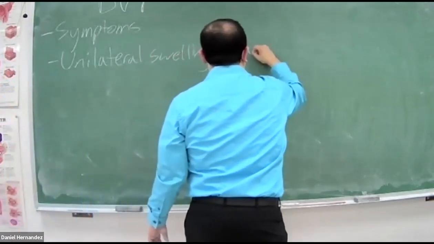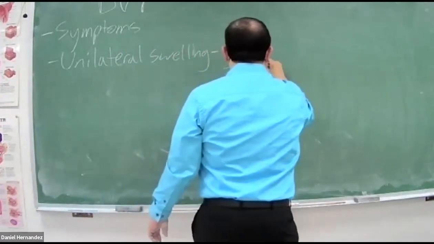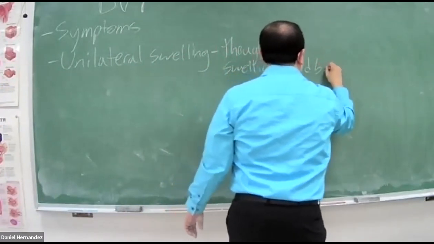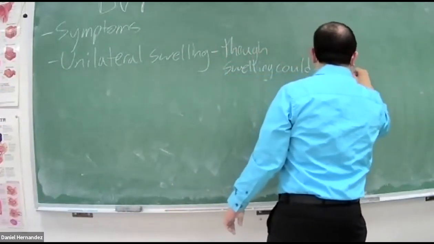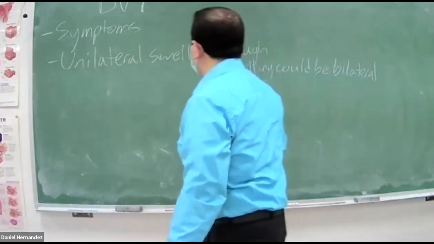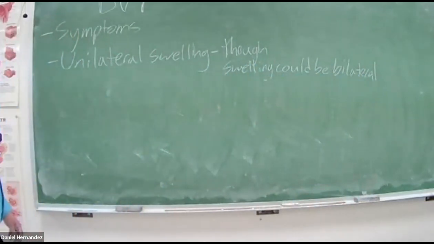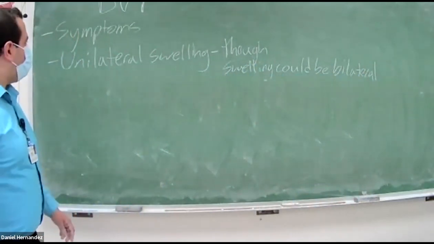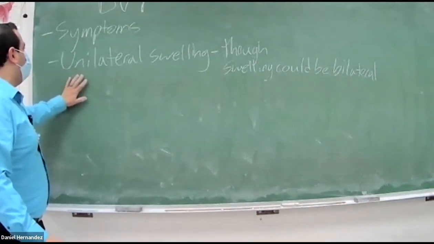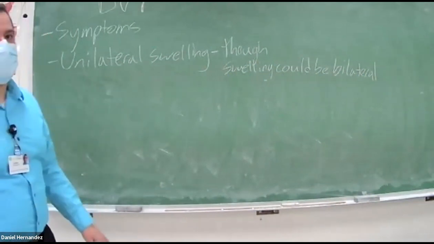Swelling could be bilateral. Just because the patient has swelling in both legs doesn't exclude that it could be DVT. Typically, the most common presentation is going to be unilateral swelling.